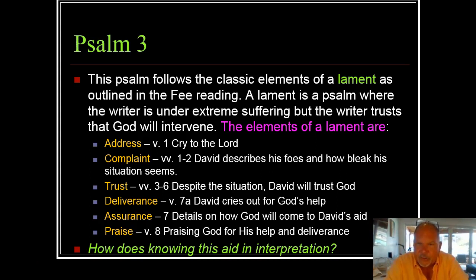David describes his foes and how bleak his situation seems. Third, it's trust. Despite the situation, David will trust God. Fourth is deliverance. In verse 7a, David cries out for God's help. The assurance details of how God will come to David's aid. And then finally, praising God for his help and deliverance, even though it hasn't occurred yet.